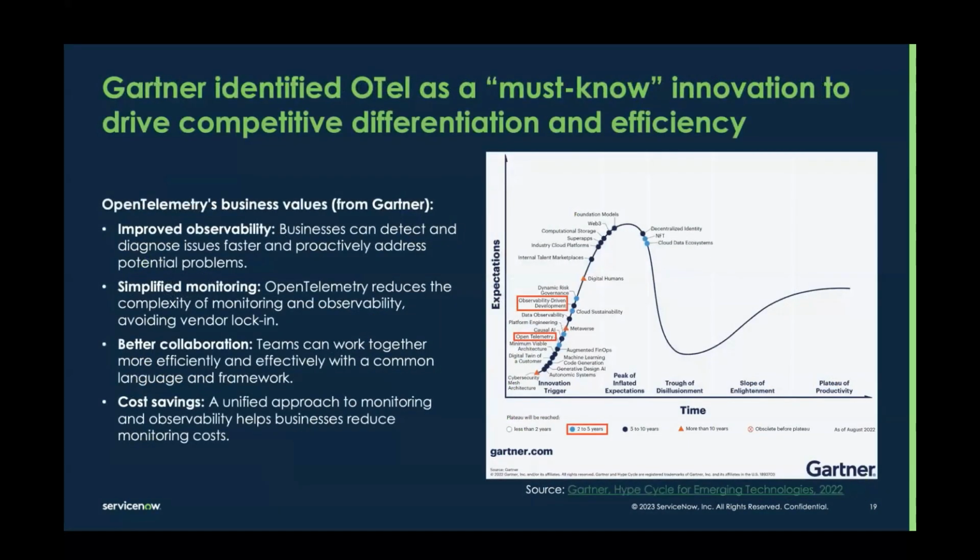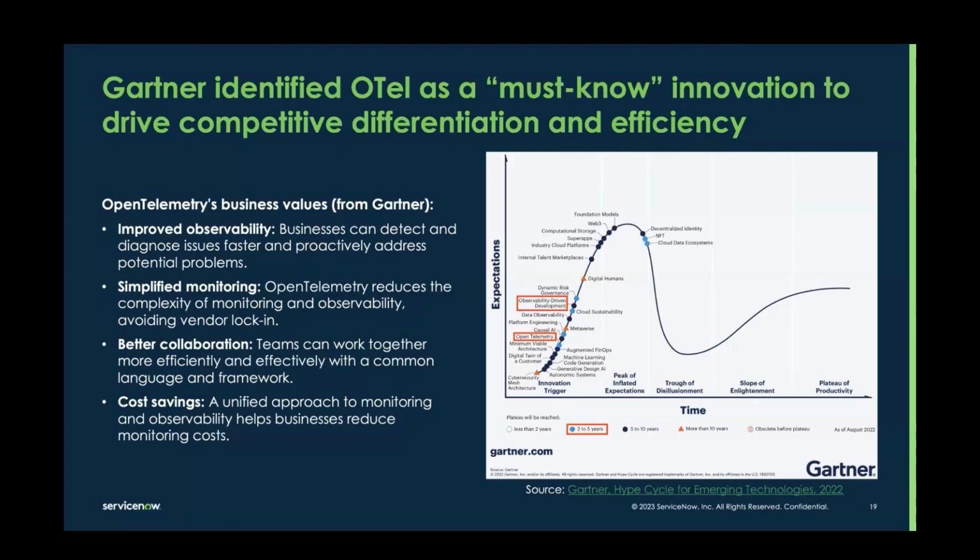All right, this slide is actually supposed to be moved up forward. I don't know what happened here, but going back to OpenTelemetry, Gartner has also taken notice of this technology as well. And they have identified some areas where it actually helps an organization from an innovation standpoint, because as I mentioned before, previously every vendor kind of dictates how you actually instrument your software from a cloud native perspective.